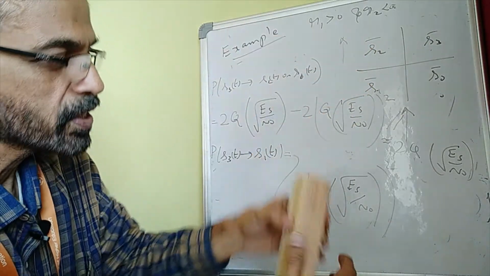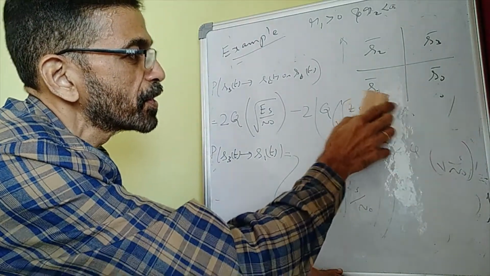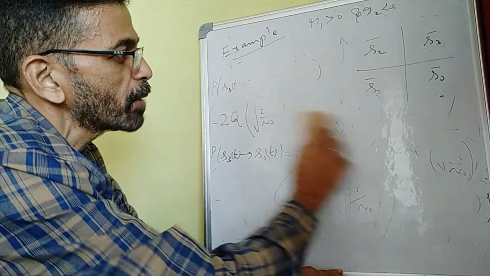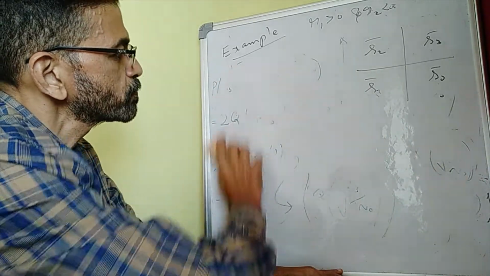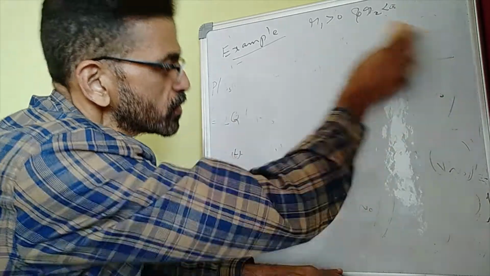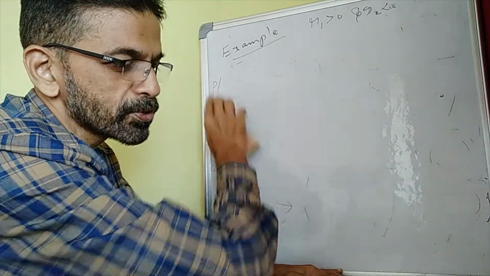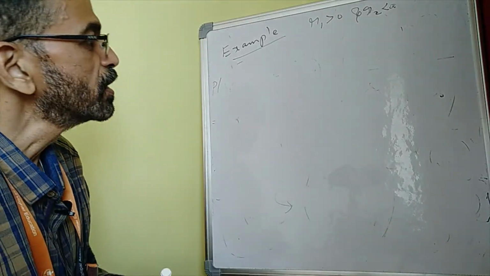Now that gives us an idea as to how the dibits have to be mapped onto the symbols. This discussion tells us how the dibits, remember a dibit is a combination of two bits, I mentioned that in the beginning.